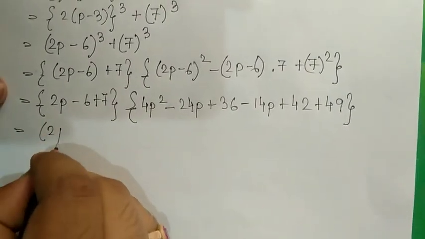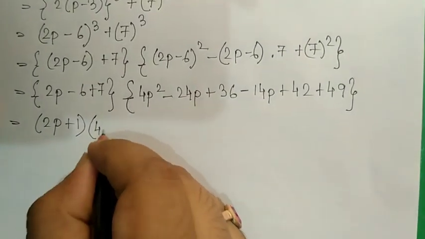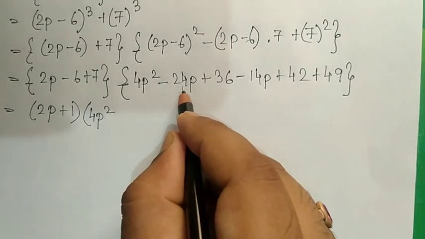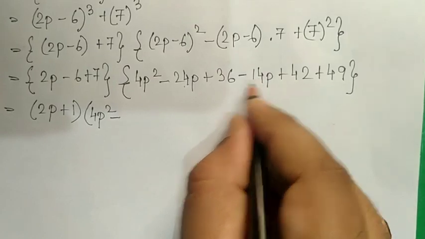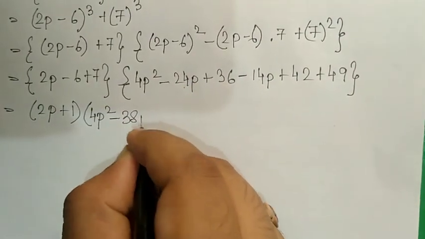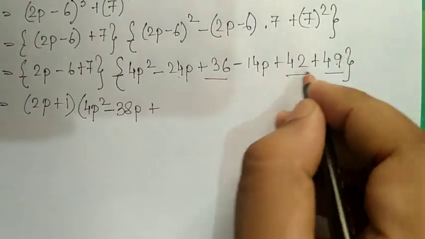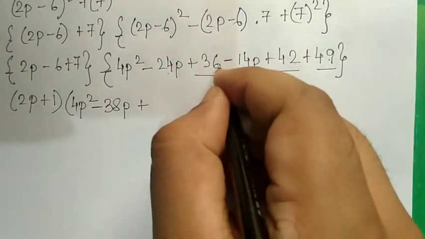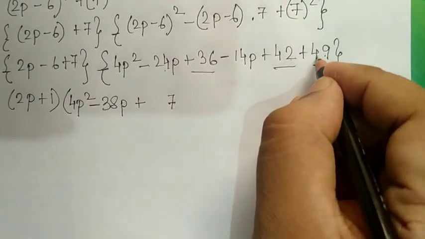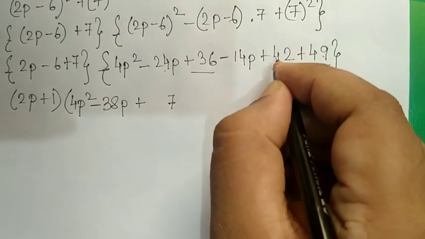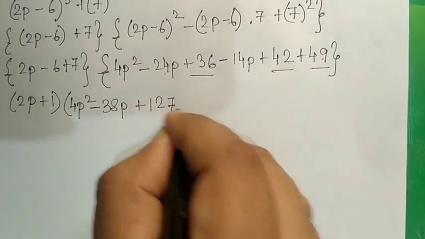This should be 2p plus 1, 4p square minus 24p minus 14p minus 38p, plus these three terms: 36 plus 42 plus 49 is 127.